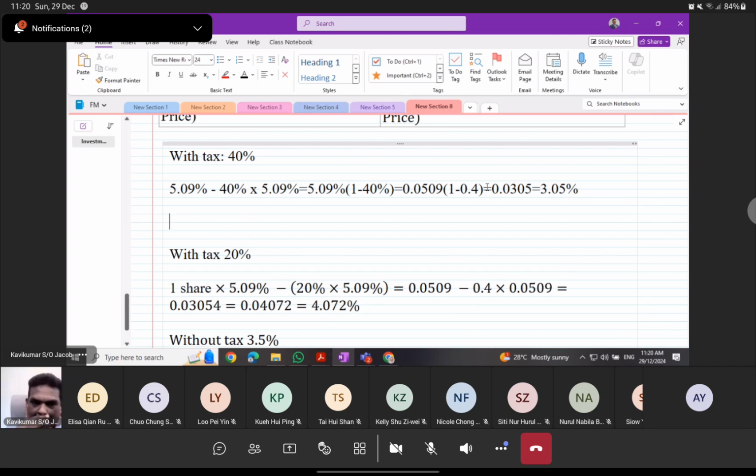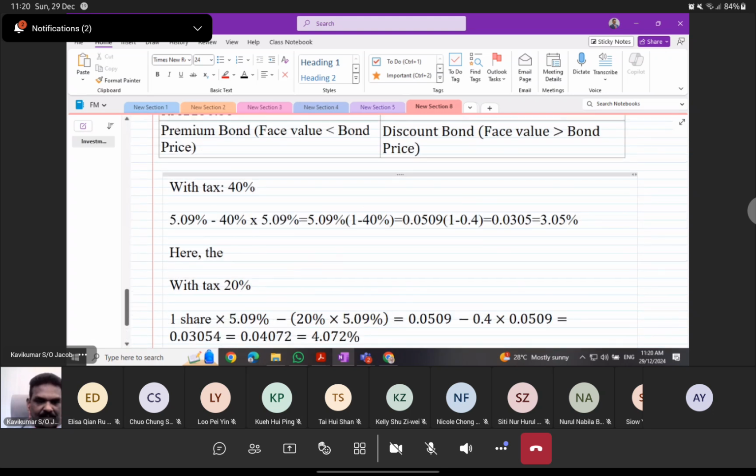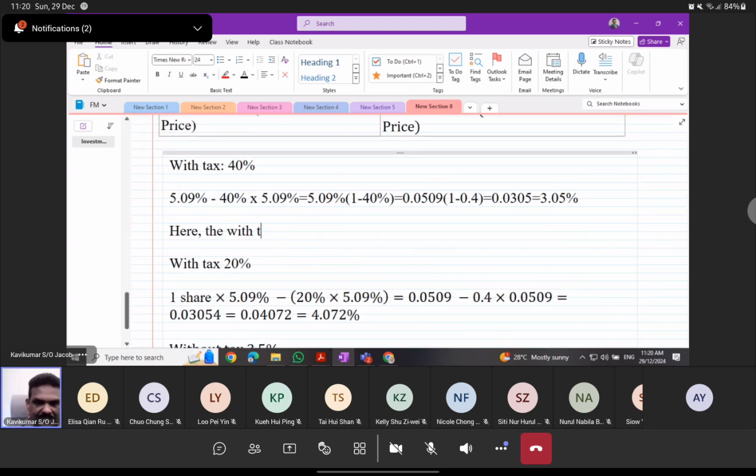So with the tax 40%, we make 3.05%, which is less than without tax.